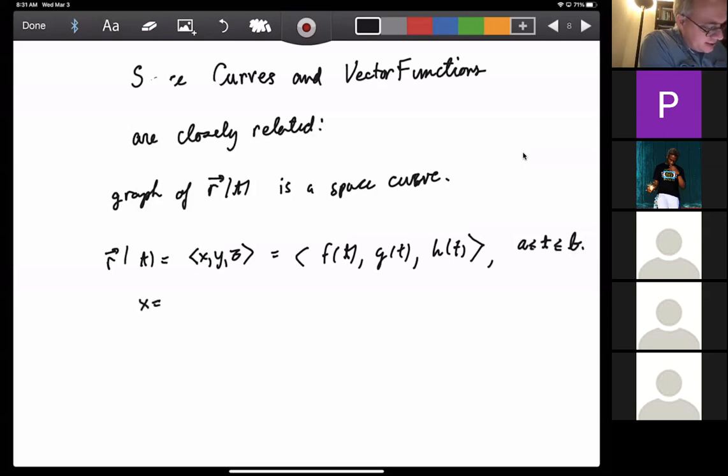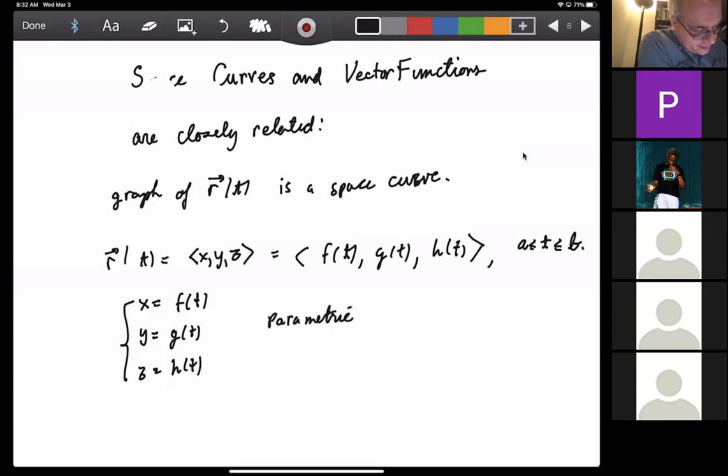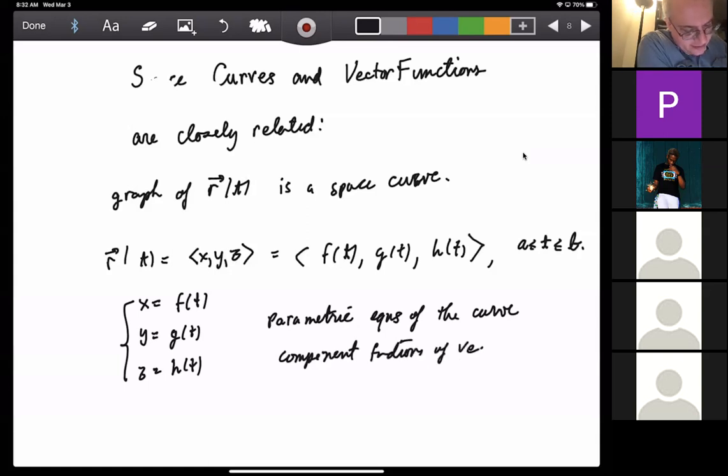These equations telling you what each of the components is doing are called the parametric equations of the curve, or the component functions of the vector function.